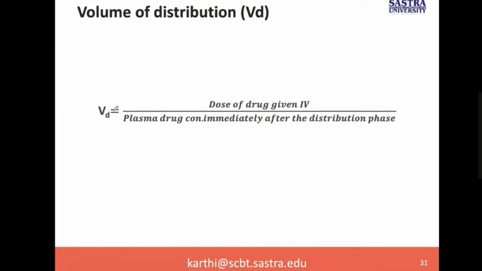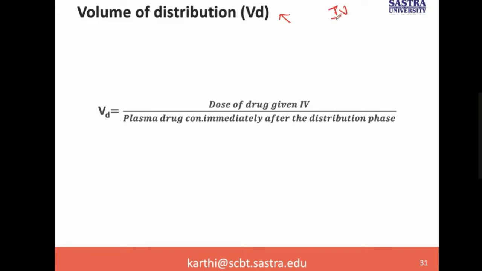So this is the formula you will be using for calculating the volume of distribution when solving problems. VD is equal to the dose of drug given IV divided by the plasma drug concentration immediately after the distribution phase. So this is for IV, right?